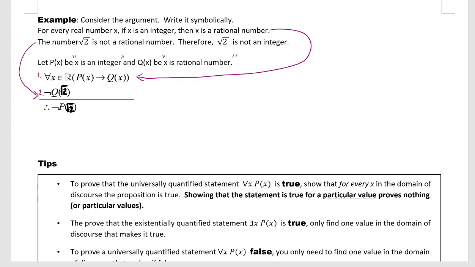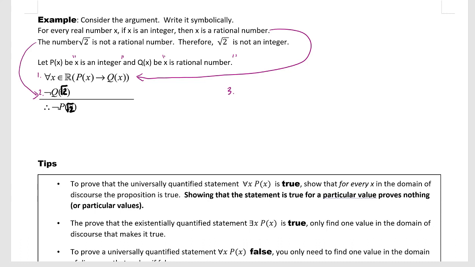When we're asked to prove an argument, we number the lines: 1 is that, 2 is that, then 3 is what we get. For all x in R, P of x implies Q of x.